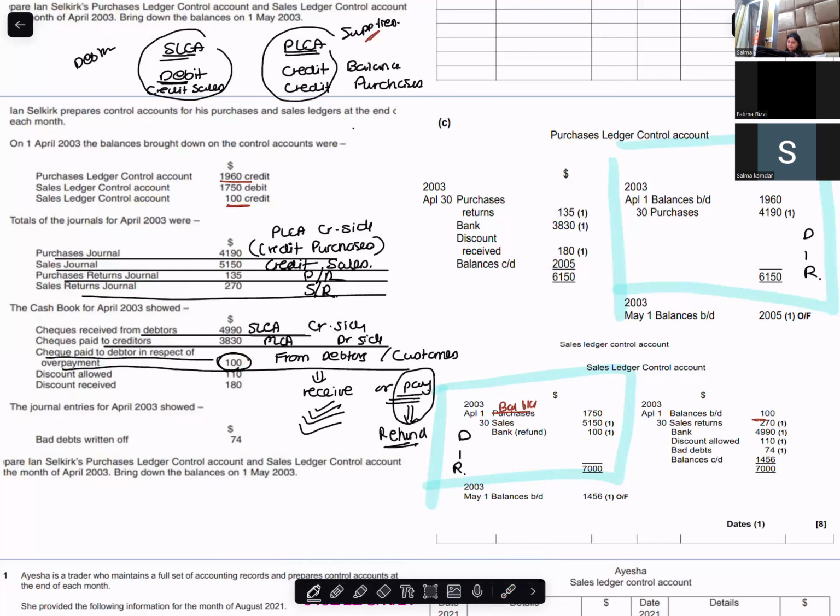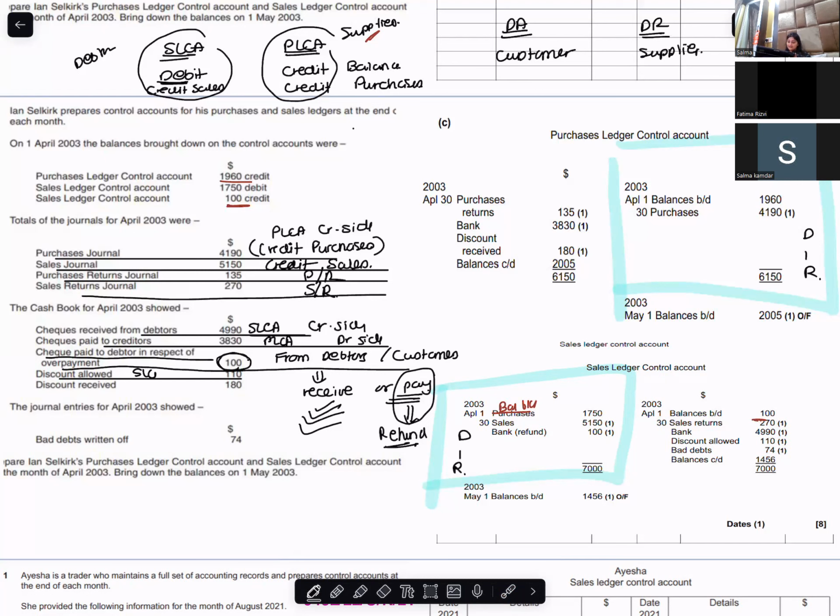Discount allowed. Discount is allowed to your customer and discount is received from your supplier.